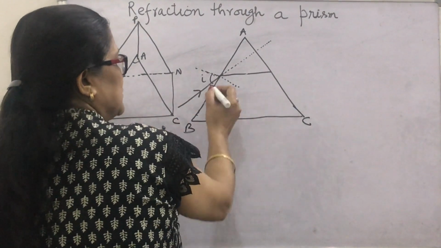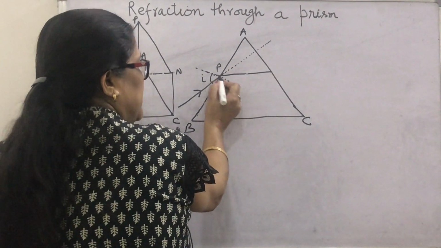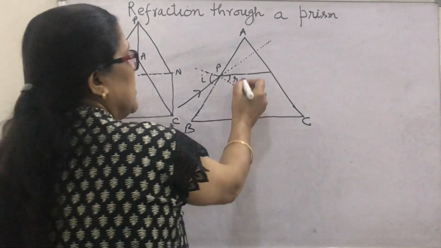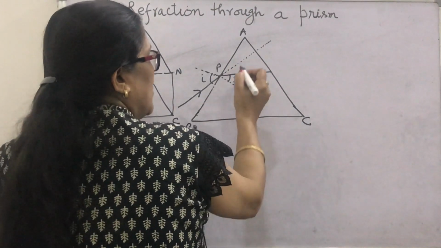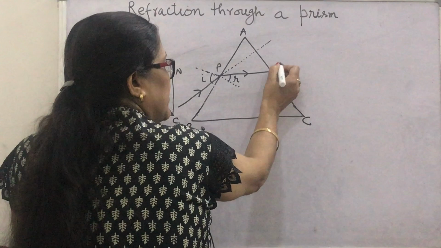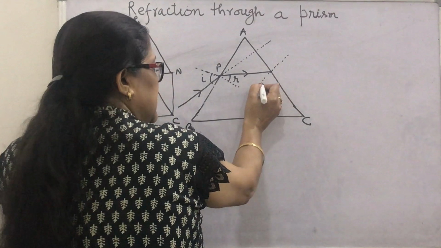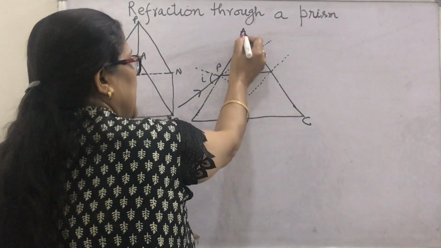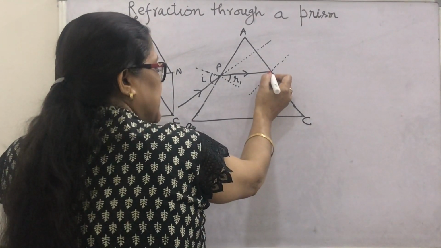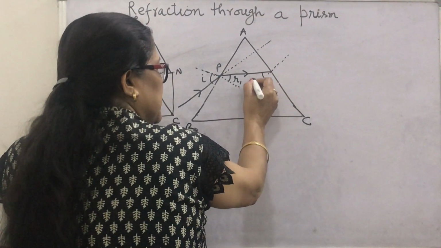But if the glass prism is present in the path of the incident ray and this is the angle of incidence, suppose this point is P, then what will happen? The ray bends towards the normal, making angle of refraction R. This is the refracted ray at the other surface AC. What will happen? Again you will draw the normal, then you will find that for the first surface refraction AB, suppose this is R1, and at the second surface refraction, this is the normal, this angle suppose R2.